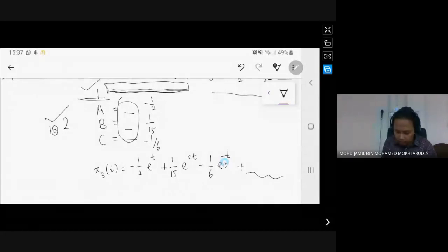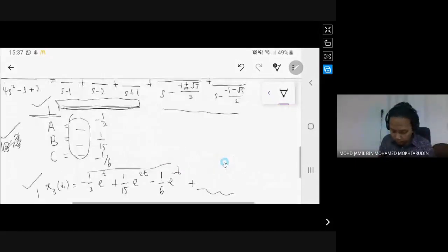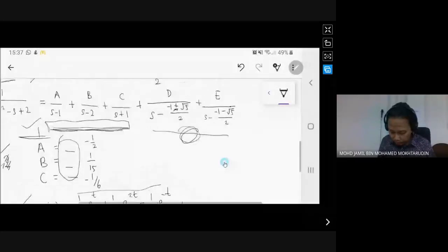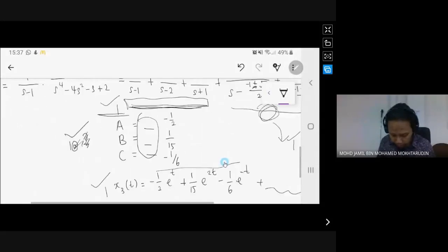So if you attempt this, you get 1 more mark. So this one is 1 mark for determining A, B, C, and 1 more mark for attempting to find the inverse Laplace transform. And if you manage to calculate the two remaining, D and E, you get 1 more mark.